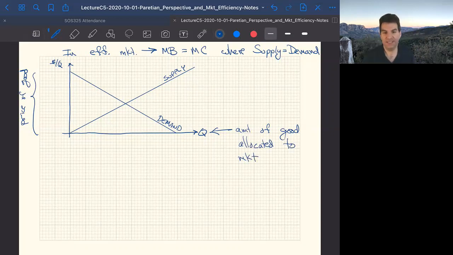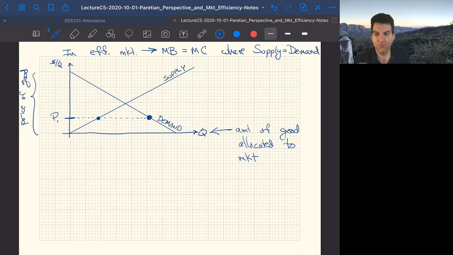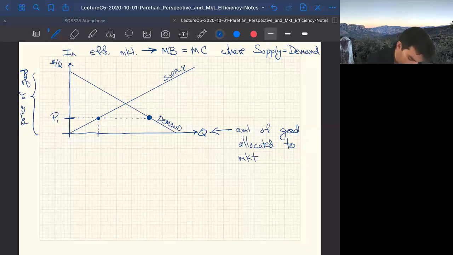If I were to set a price down here, let's just say I'm going to force the price to be this one, I'll call it P1. Then at this low price of P1, the suppliers are unwilling to supply any more than this quantity, Q1.